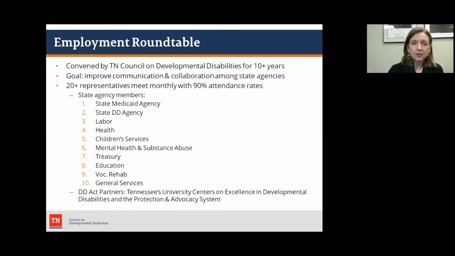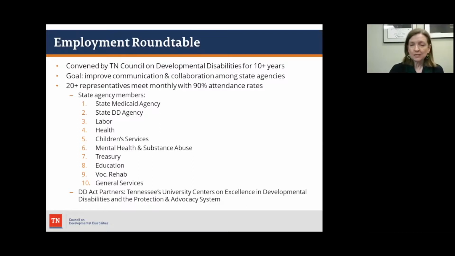I mention it because, as you see on the screen, this group has grown rather large, and to look at it, you might think, gosh, we would never be able to get this group together in my state. But I just want to mention that we started out very small, and then one by one, different state agencies started coming to the roundtable.